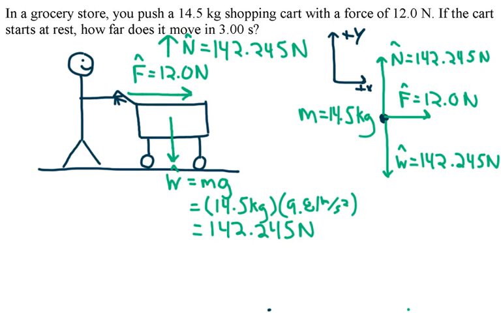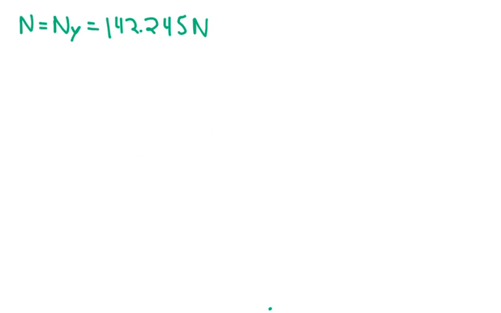Since the normal force is straight up with my y-axis, according to the coordinate system that we set up, it needs to be positive. Okay, that's good. And just for clarity, I'm going to put that the x component of the normal force is 0 in this case.